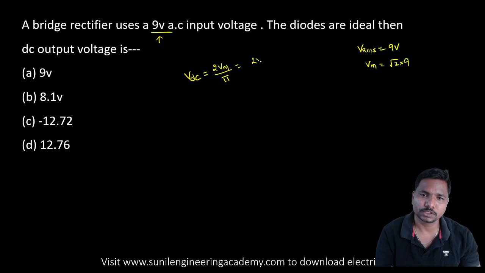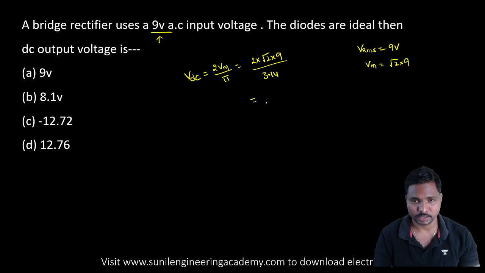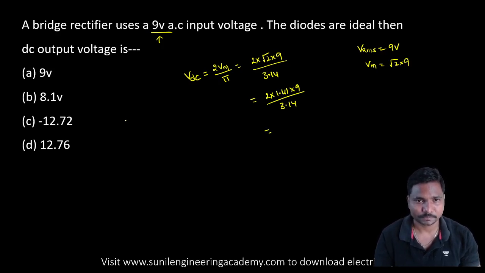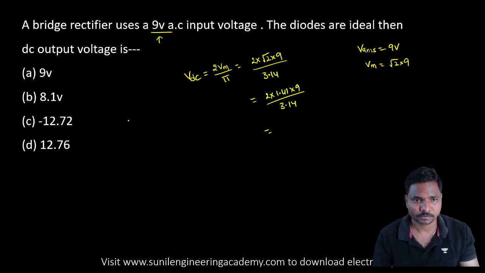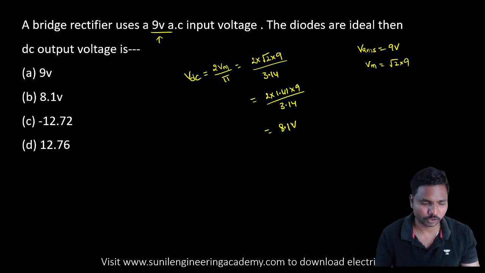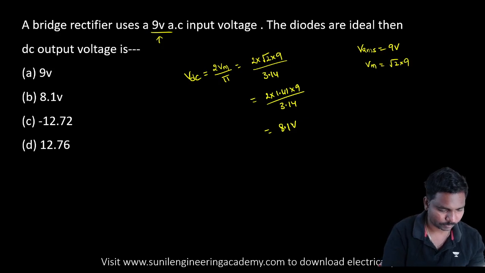So VDC is 2 into 1.414 into 9 by 3.14. Try to calculate. Approximately 8.1 volts you will get. Let me check.